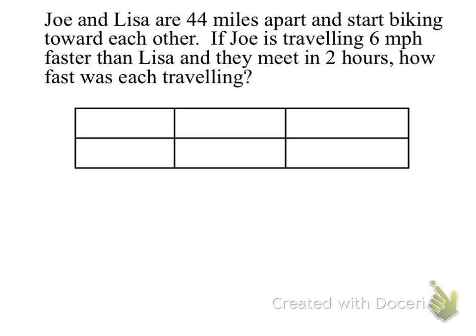So who am I comparing on the left? Joe and Lisa. What do I put on the top? Rate times time equals distance. So anytime you see speed, time, and distance, you're going to set it up something like this.